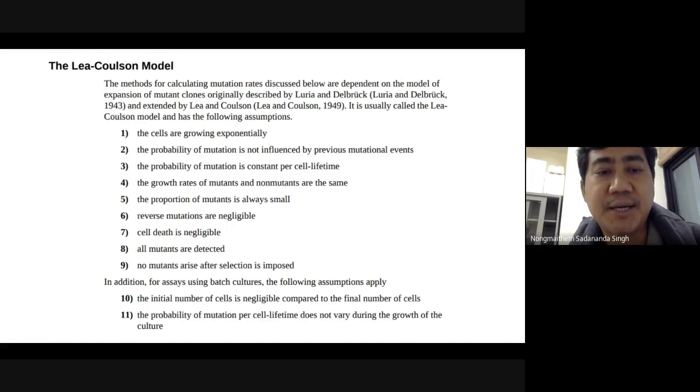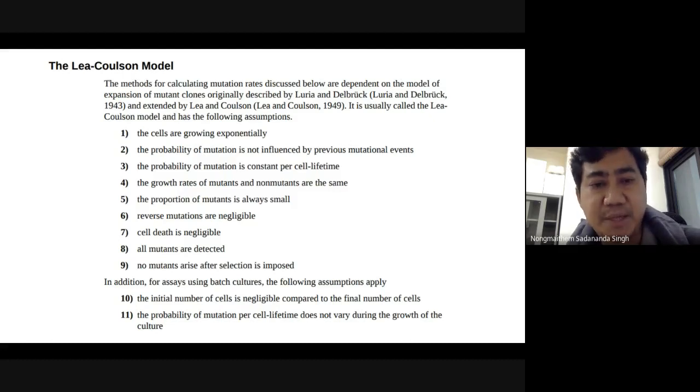The assumption is that the cells are growing exponentially. If it is a stationary culture, these models are not going to hold, and fluctuation analysis is not going to hold. The second assumption is that mutations are independent of each other, so one mutation doesn't influence the next mutation that is going to be obtained. Third, the mutation rate is constant throughout the cell lifetime.